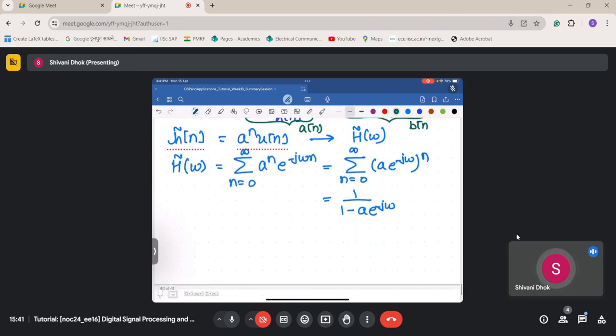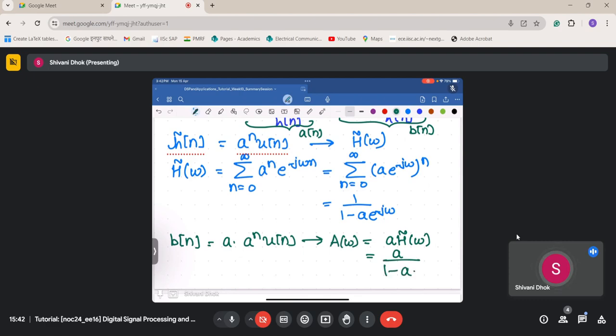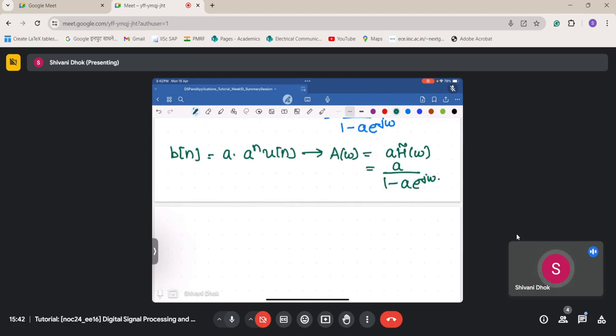So this b of n, which is a into a to the power n u of n, will have a Fourier transform B of omega, which will be equal to a into H tilde of omega, which is equal to a upon 1 minus a into e power minus j omega. Okay, so this is what we are having.